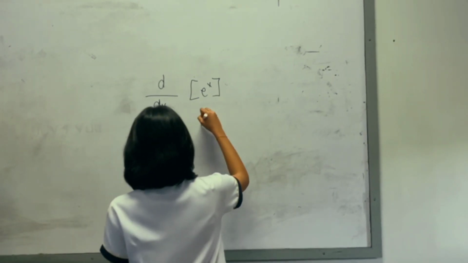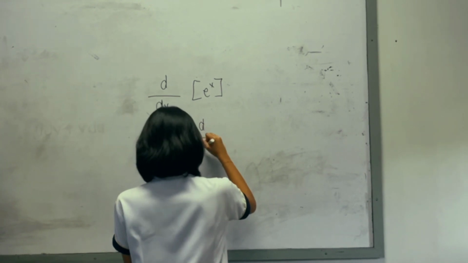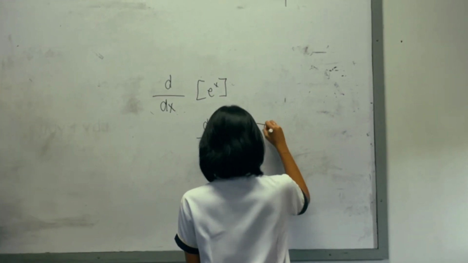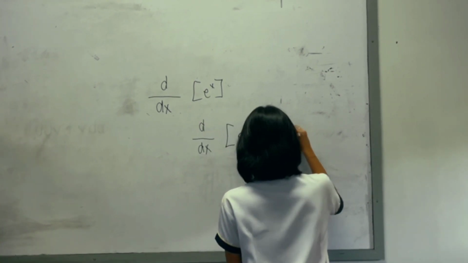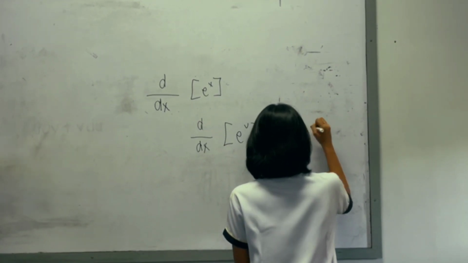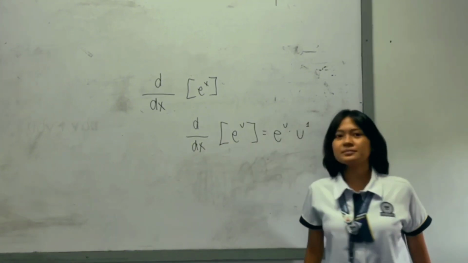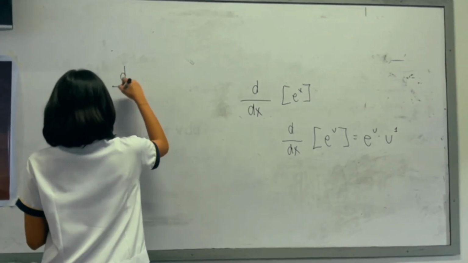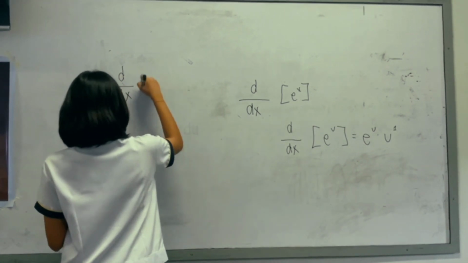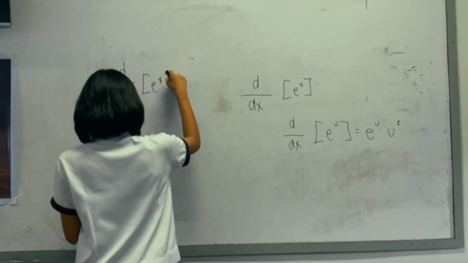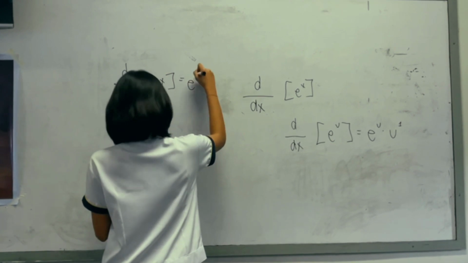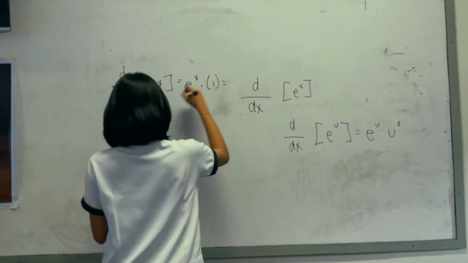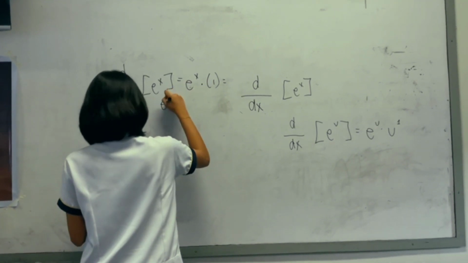The derivative of e to the u, where u is a function, is going to be the same, e to the u, but times the derivative of u. So the derivative of e to the x is going to be e to the x times the derivative of x, which is 1. So it's simply e to the x.